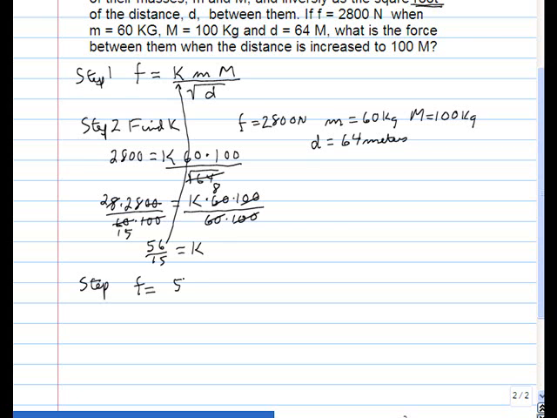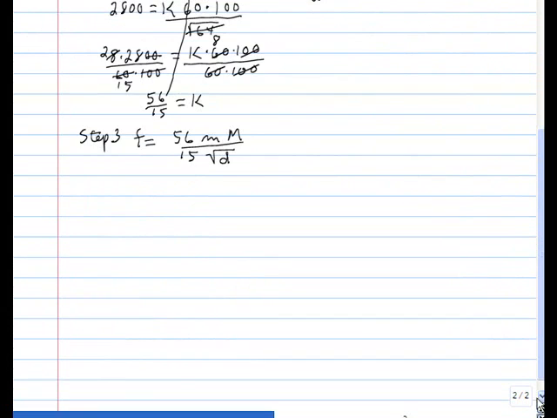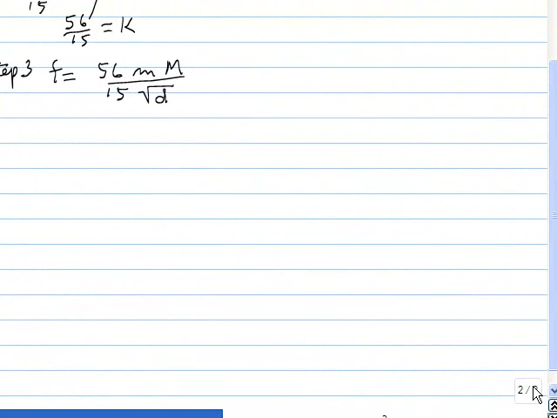F equals 56 little m big M over 15, there's my 56 over 15, square root of D. Notice everything except for the 56 over 15 is exactly the same as step 1. And now that's called step 3, and now I'm able to answer my questions using my math model.